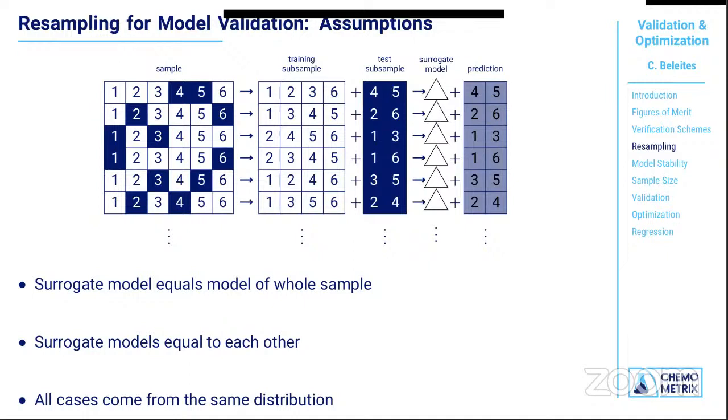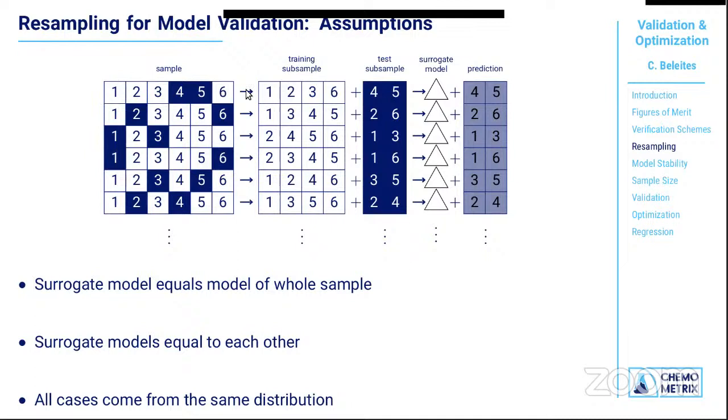First, there's some assumptions behind this kind of validation procedure. So as I said, we're taking our 2/3 that were assigned to the training subset, and we build a model. I call this a surrogate model, to distinguish it from the final model, which uses all 6 of our cases for training.